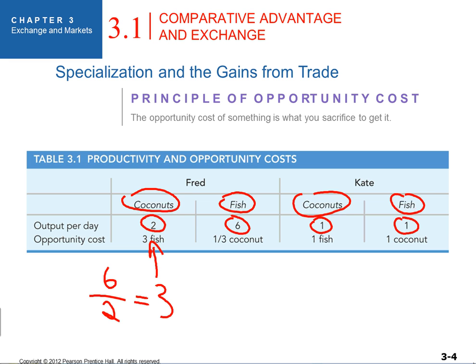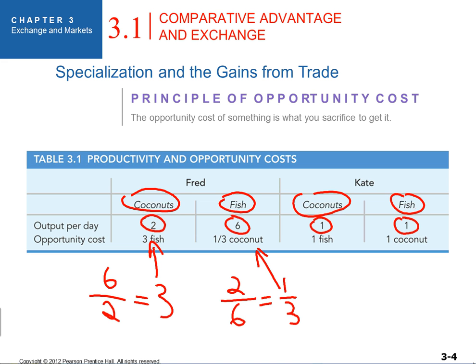Now, when Fred decides to catch fish, he can catch 6 in a day. But if he catches 6 in a day, he has to give up the opportunity to harvest 2 coconuts. When Fred catches a fish, he gives up 1/3 of a coconut. So Fred's opportunity cost of catching a single fish is 1/3 of a coconut.